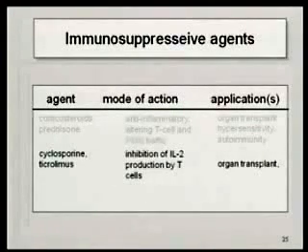And remember, IL-2 cytokine is one of the most important ones that causes proliferation of the reactive clones. So they can inhibit production of IL-2 by T cells in response to alloantigens or other antigens.